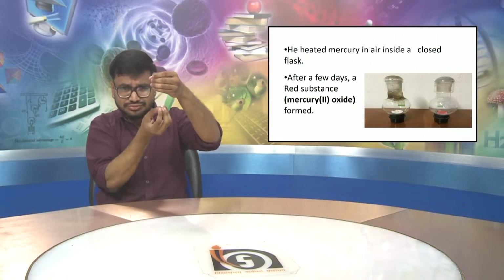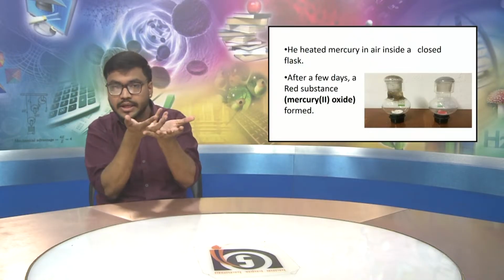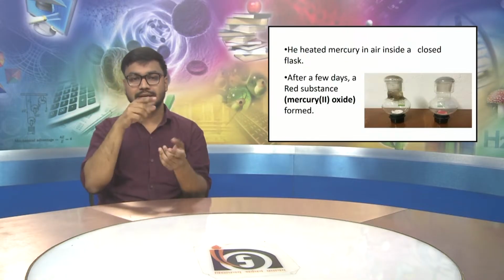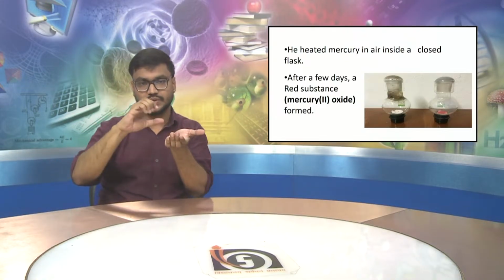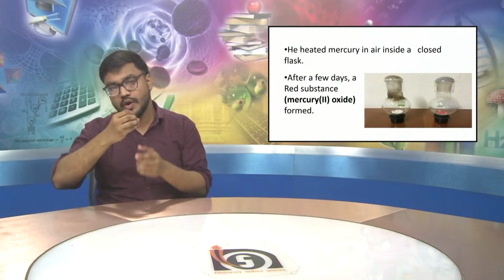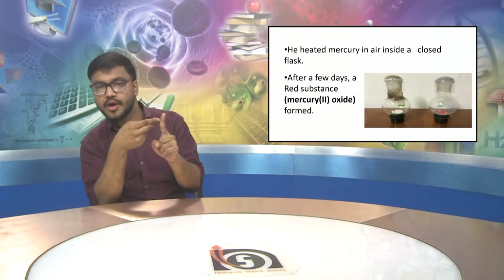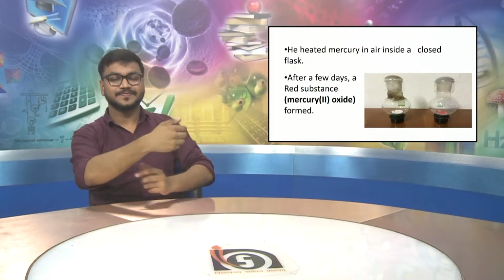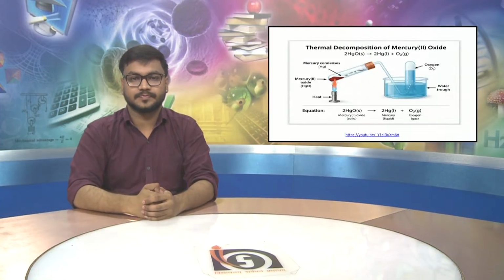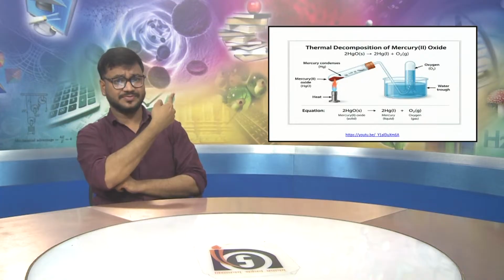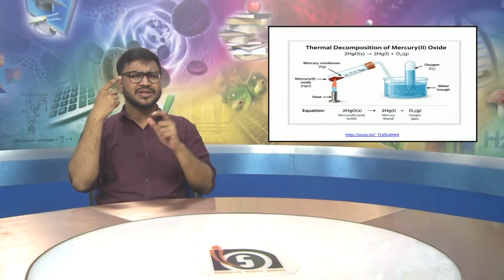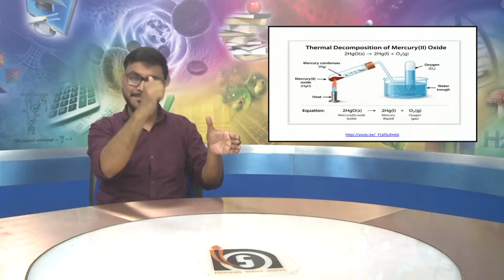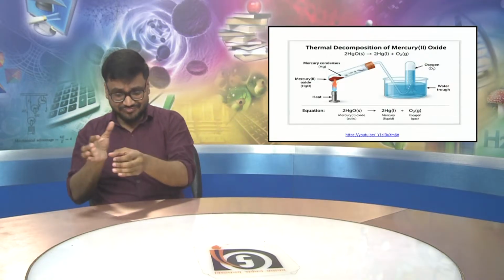After a few days, that mercury became a red substance called mercury oxide. There is a picture showing how mercury changed into mercury oxide.